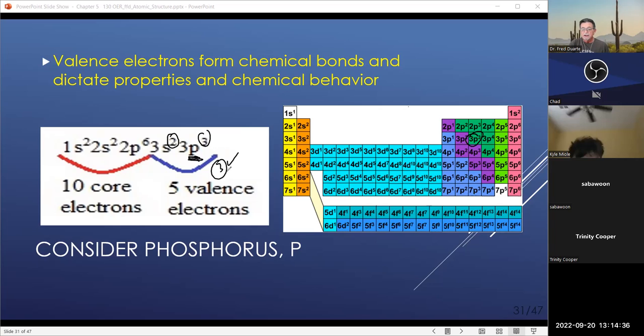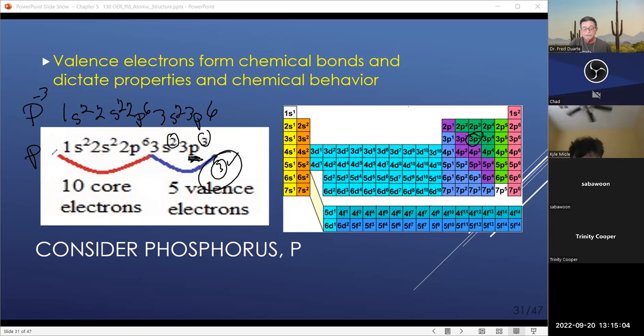When it picks up electrons, those 3 electrons are going to occupy the empty orbitals in the p. By picking up 3 electrons, the configuration becomes 3p6. Phosphorus now has a net charge of -3.